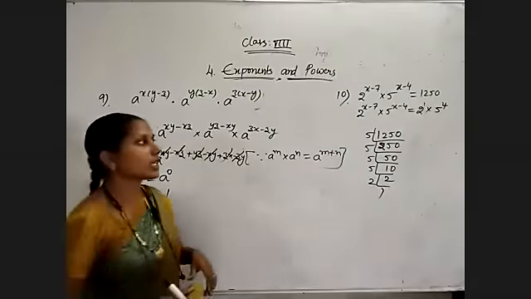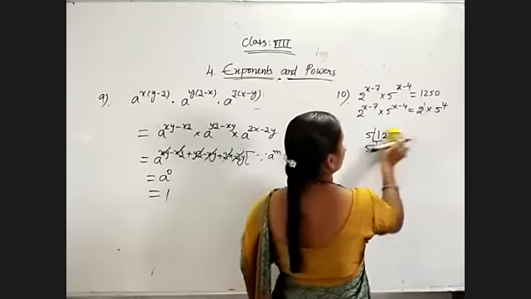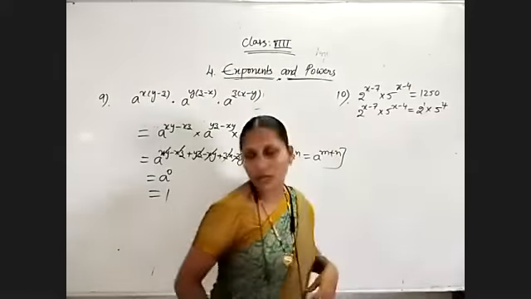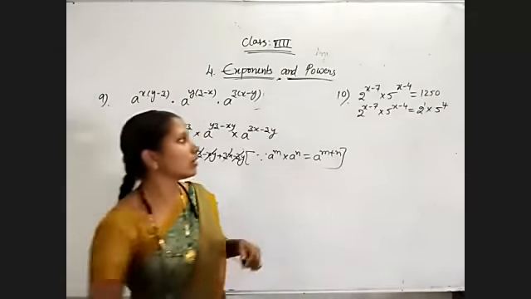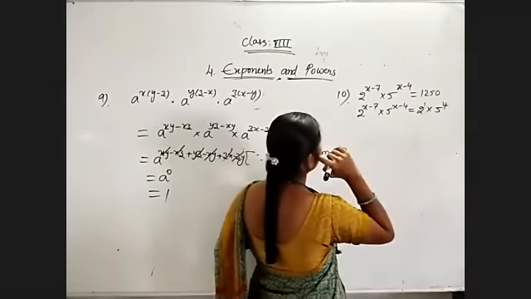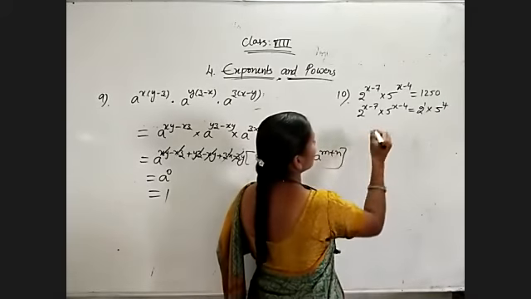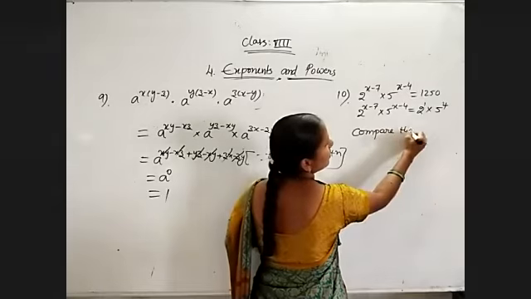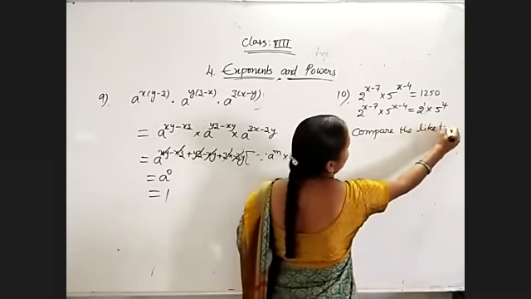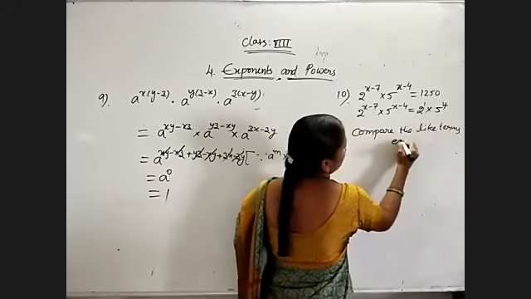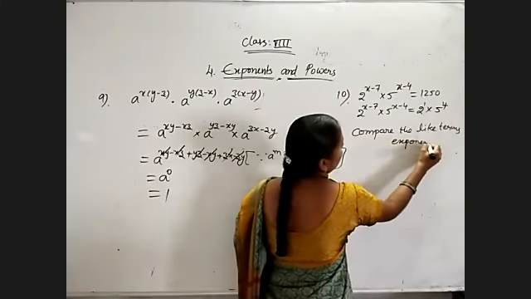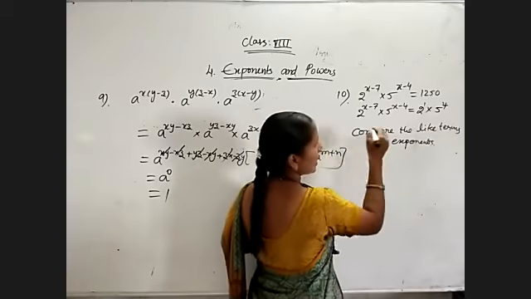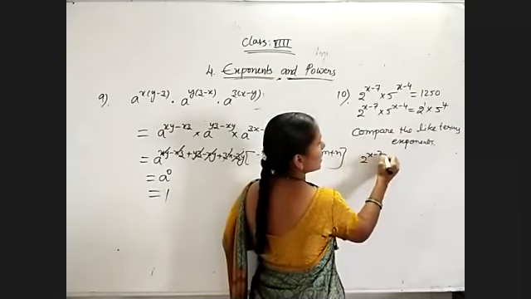Now observe the like terms and compare them. Compare the like terms' exponents on both sides. What will I get? 2 power x minus 7 is equal to 2 power 1.